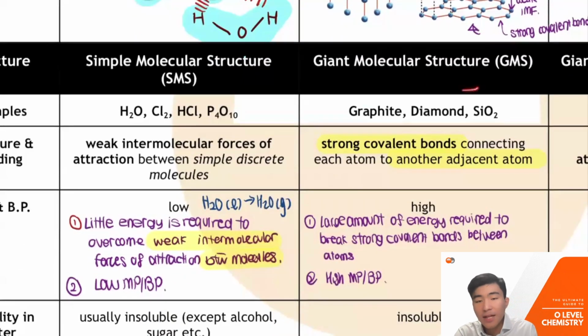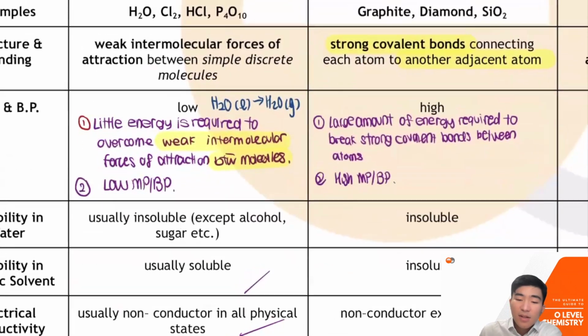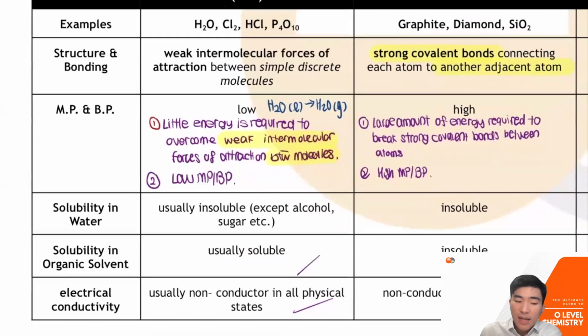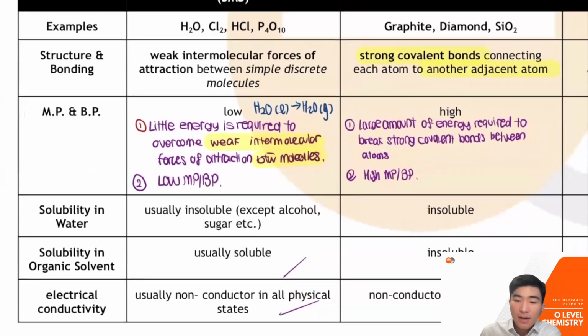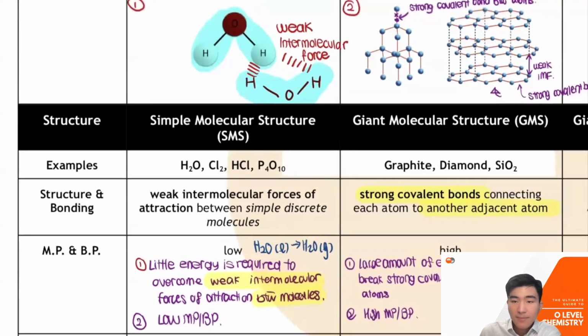While for the giant molecular structure, because everything is connected based on strong covalent bond, a large amount of energy is required to break the strong covalent bond. Solubility wise, it is insoluble in water, insoluble in organic solvent, and a non-conductor of electricity.